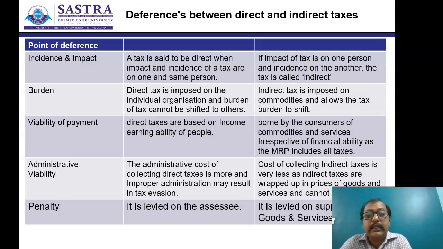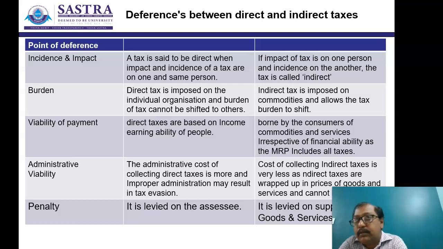Burden of tax. In case of direct taxes, it is imposed on individuals and organizations, and the burden of taxation cannot be shifted from one person to another. But in case of indirect taxes, it is imposed on commodities and consumption, and it allows the tax burden to be shifted.